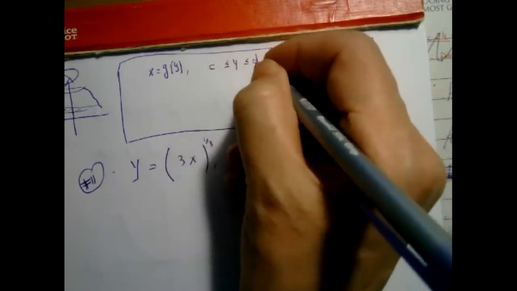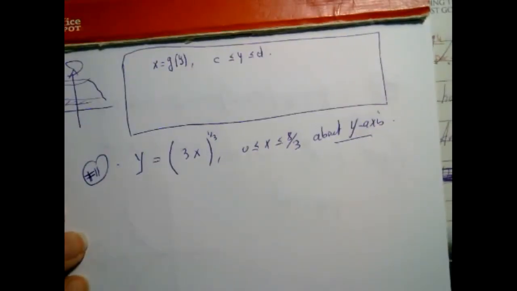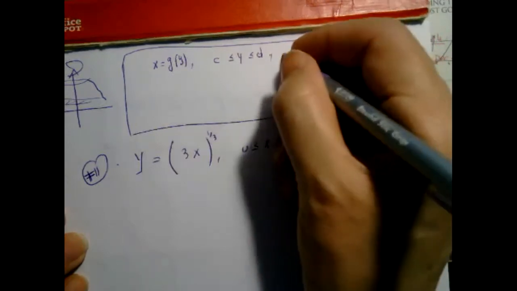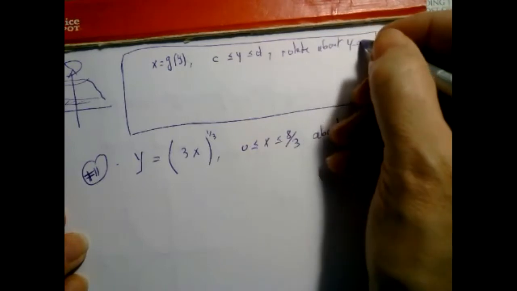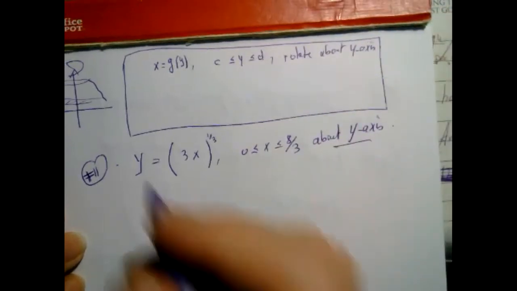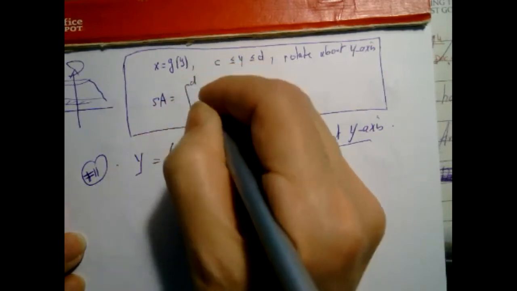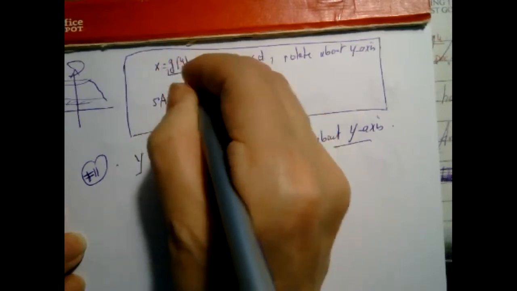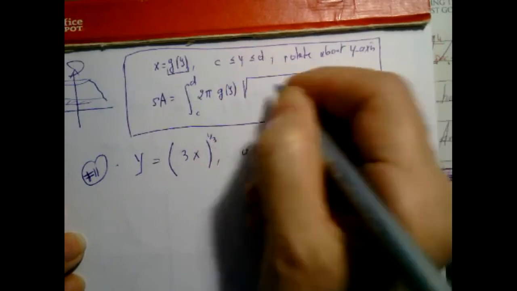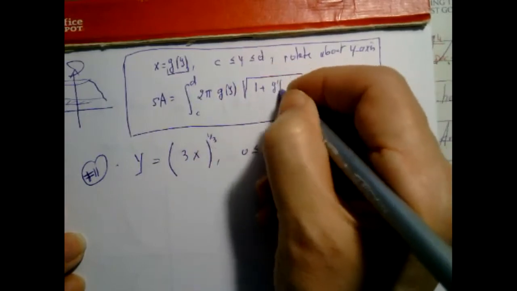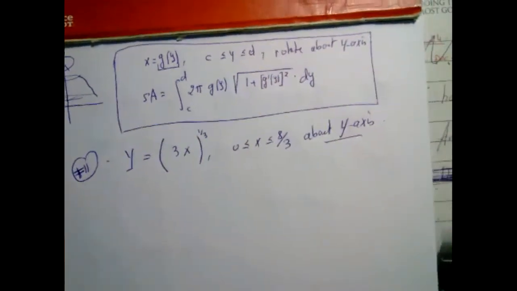and D. The formula will be exactly the same, but instead of doing things with respect to x, we do them with respect to y. If we rotate about the y-axis, the surface area would be the integral from C to D of 2 pi g of y, the square root of 1 plus g prime squared, dy.